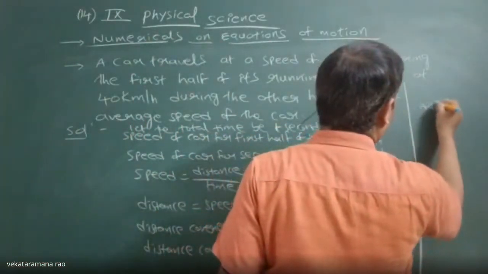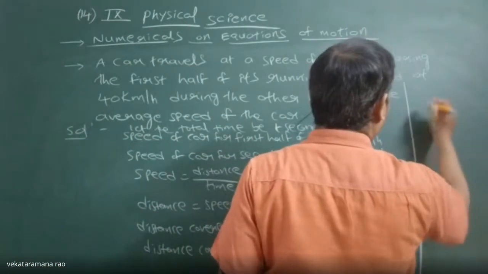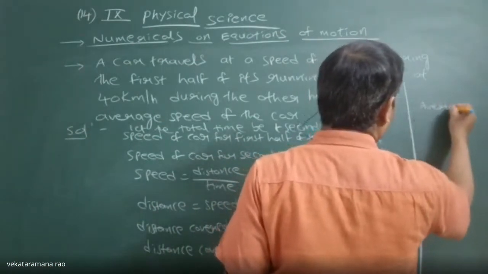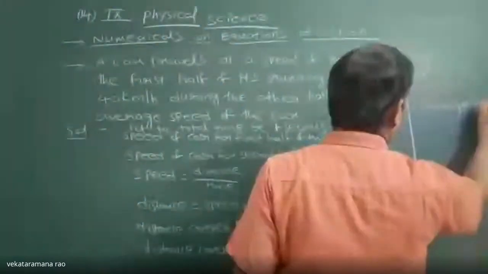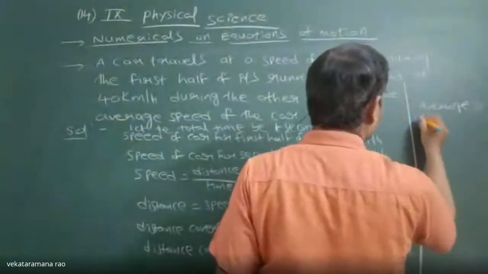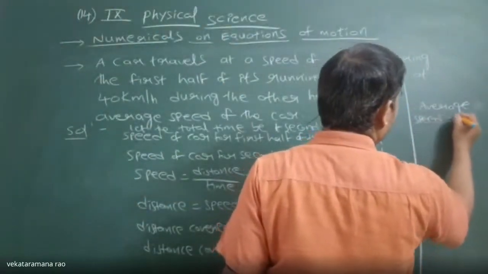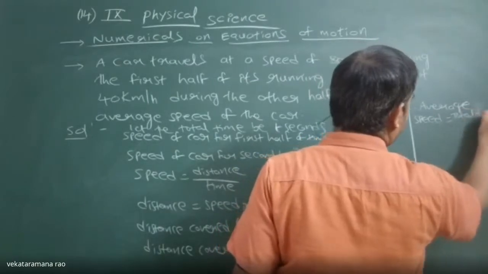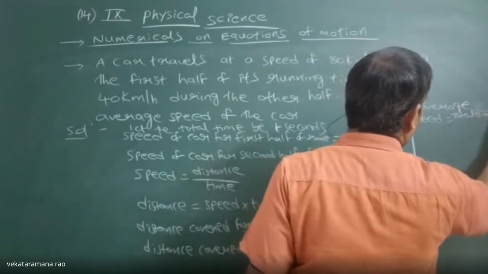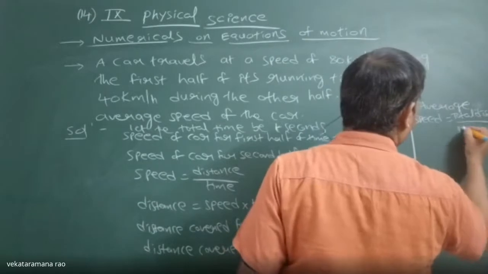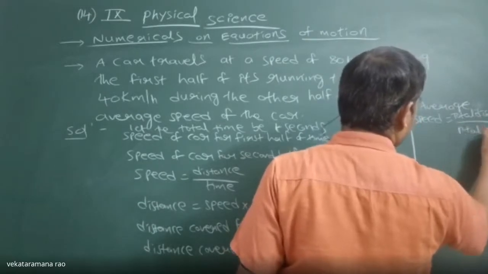Therefore, average speed is equal to total distance by total time.